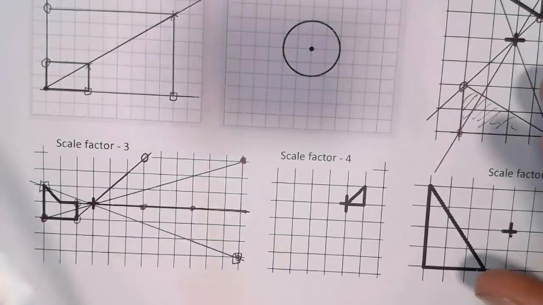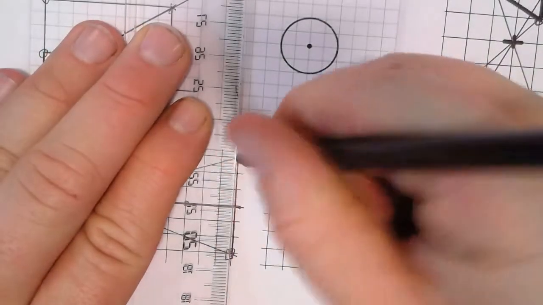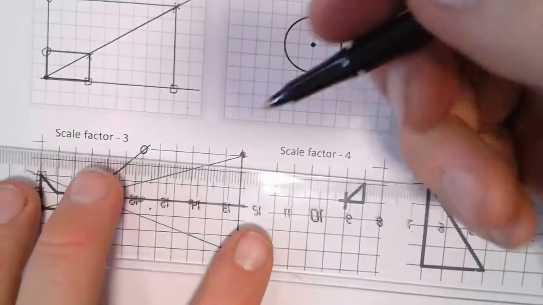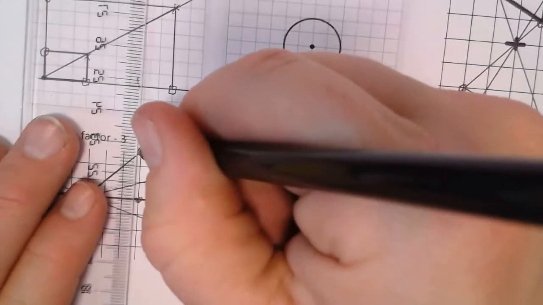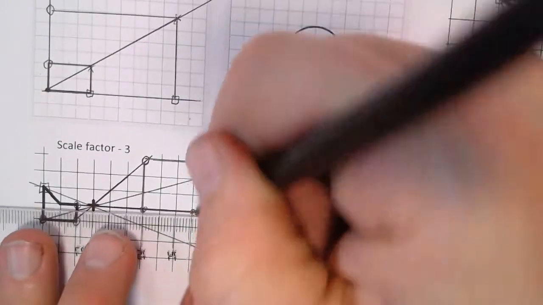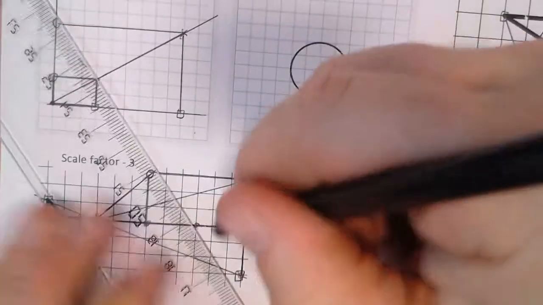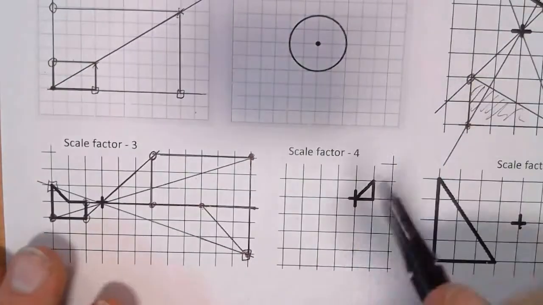And I can now see the shape, and you've got to be careful with it. The shape here will look like this. That's the same thing, but enlarged, scale factor -3.